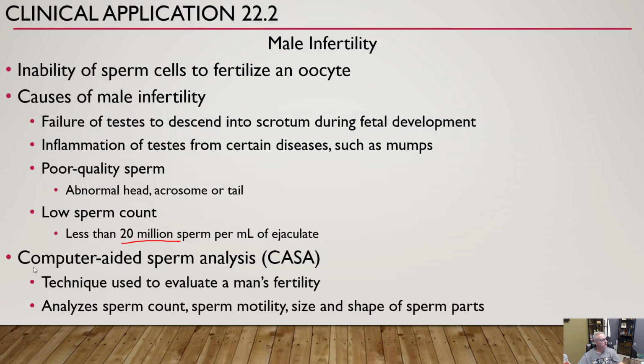But we do have computer-aided sperm analysis that will help us evaluate the cause of a man's infertility. Is it really sperm count or sperm motility? Is it really the size or the shape of the different parts of the sperm, or is it the anatomy of the sperm? What is the main cause of male infertility?